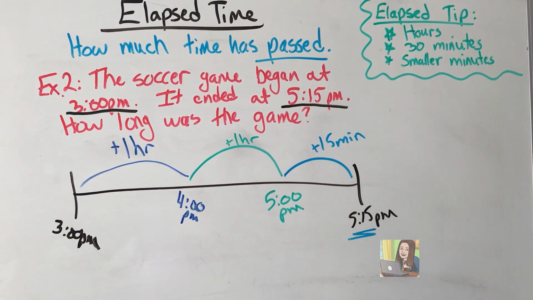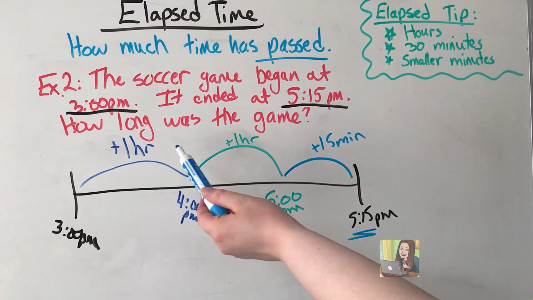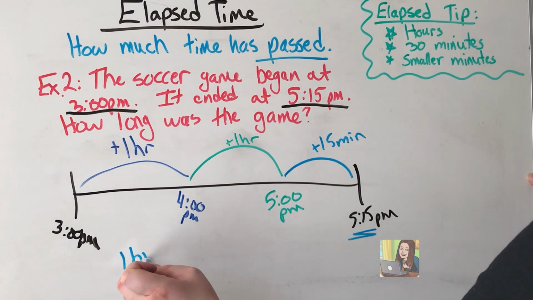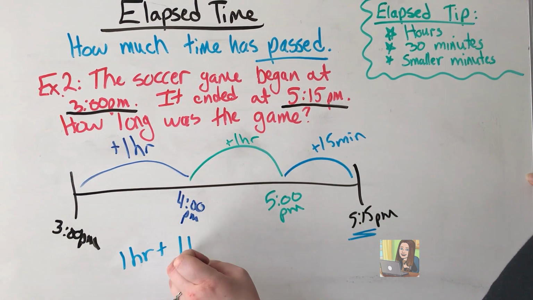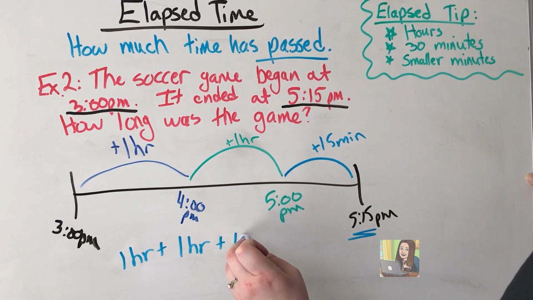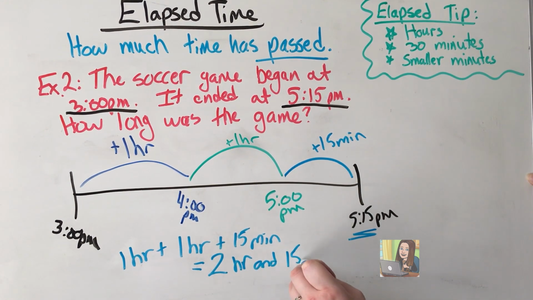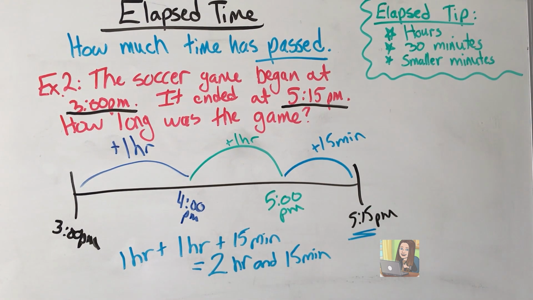We have now made it to 5:15. The final step is adding all of the jumps together. So 1 hour plus 1 hour plus 15 minutes equals 2 hours and 15 minutes. So how long was the soccer game? 2 hours and 15 minutes.